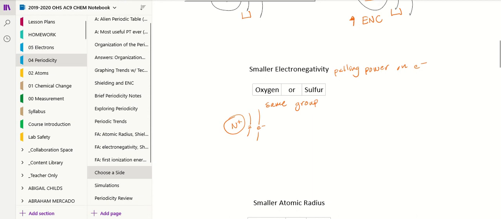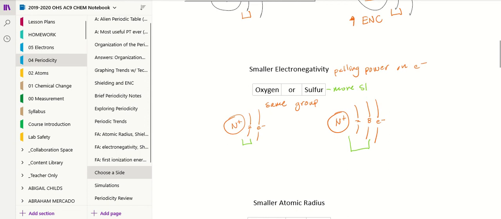If we look at sulfur, here's our nucleus. We have 2 electrons in the first, 8 in the second, and then here is our valence shell in the third. So here we are looking at the shielding. Which one has more shielding? Sulfur. Sulfur has more shielding.